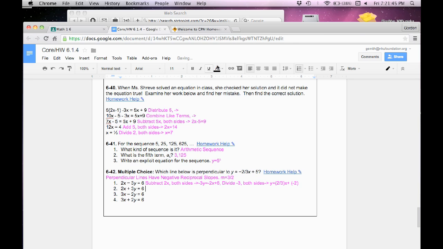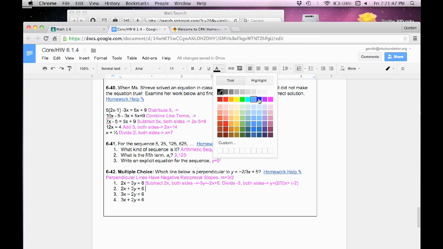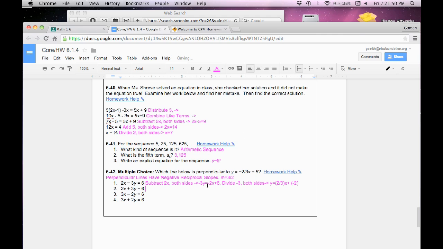Let's try this one. I'm trying to get a slope of positive 3/2. Same thing here. We'll subtract 2x from both sides, because again, we're trying to get y alone. So everything's the same, except for we're going to have positive 3y instead of negative 3y.